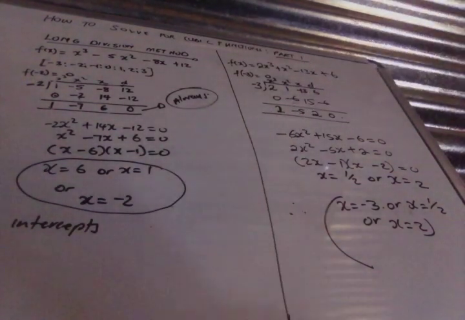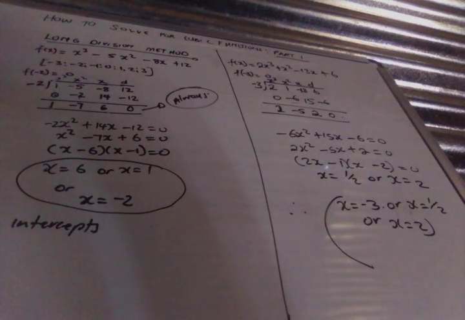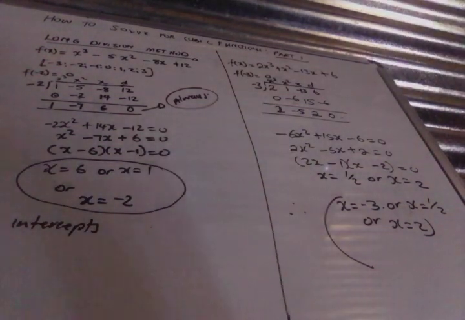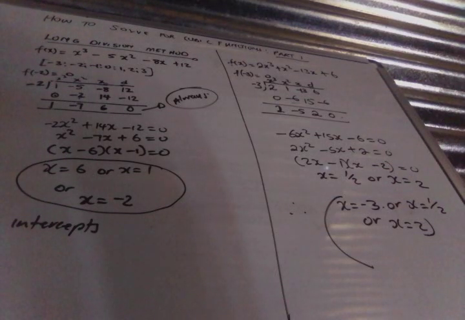So this is what we have: 2x squared minus 5x plus 2 equals 0. Now you can factorize. It's a simple trinomial.